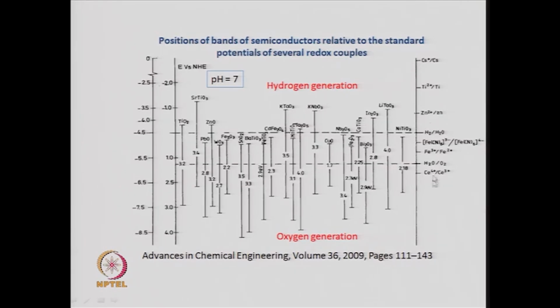And these are with respect to all the standard couples, which are values known in the literature, and this is the scale with respect to the normal hydrogen electrode. So, this is a very useful guide when you want to choose a photocatalyst.